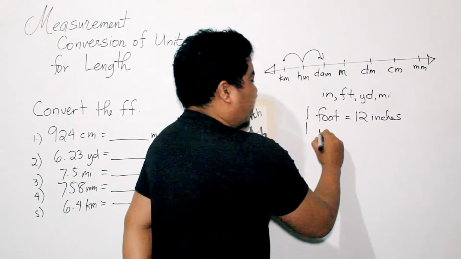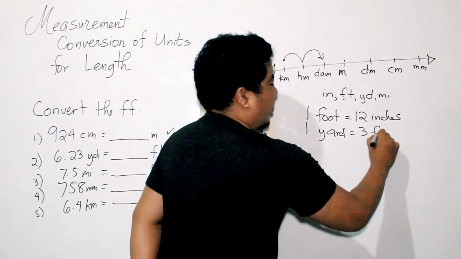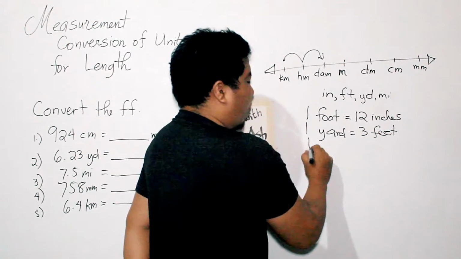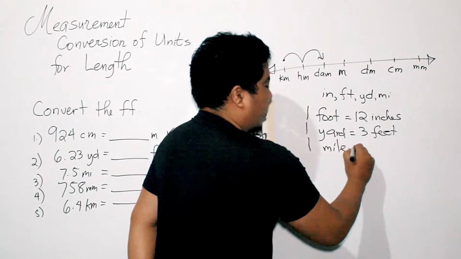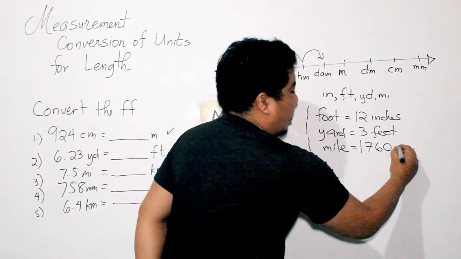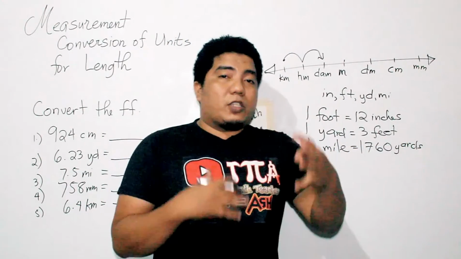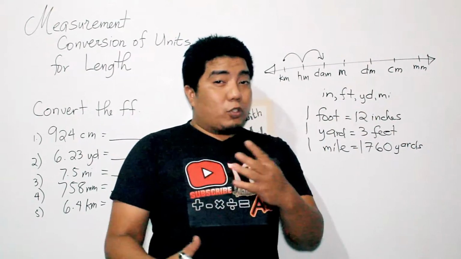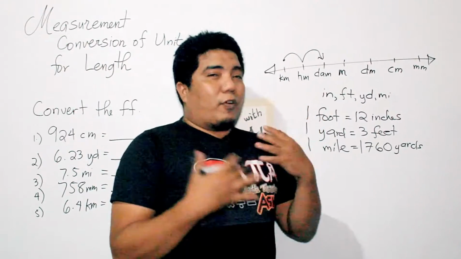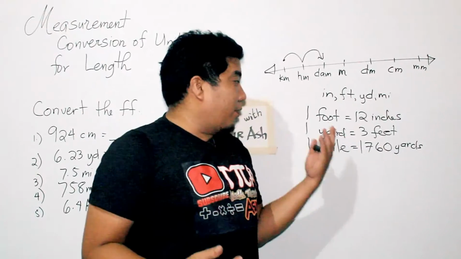If you have 1 yard, that is 3 feet. And if you have 1 mile, you have 1,760 yards. Technically, as you can see, this is quite a handful to memorize. But for me, I just use the 1 foot and the inches, and then everything follows.